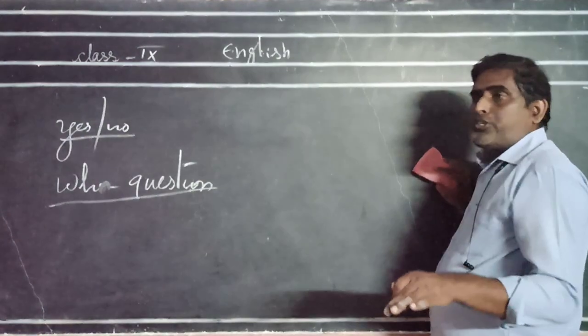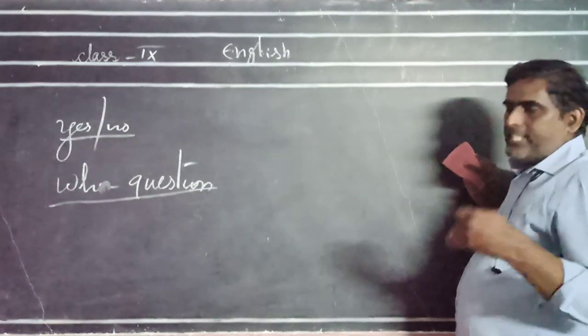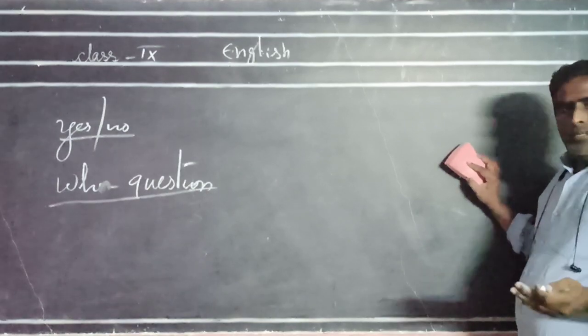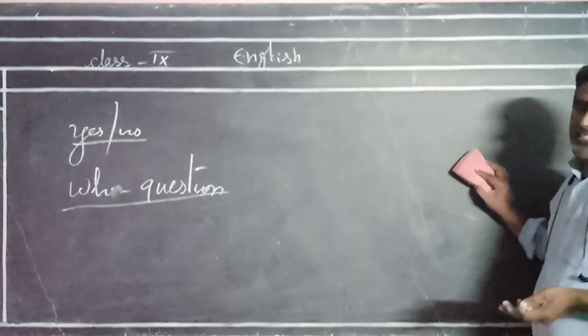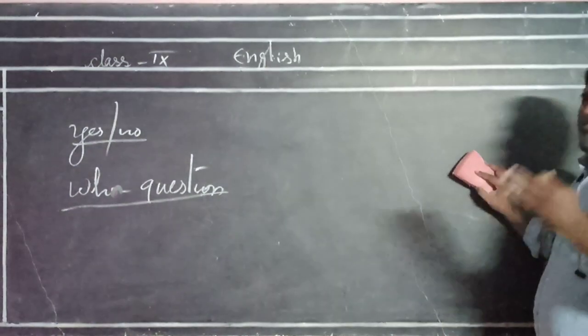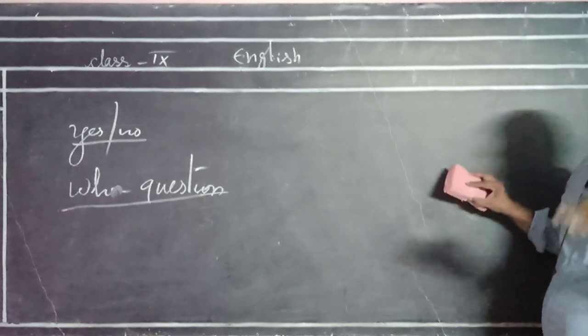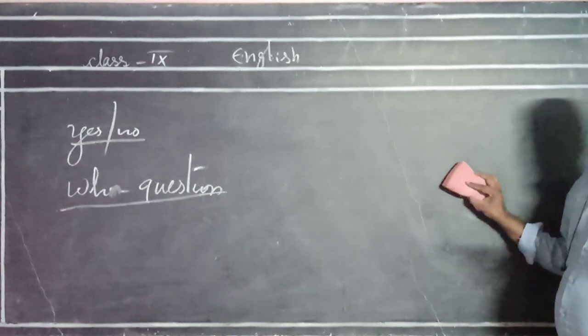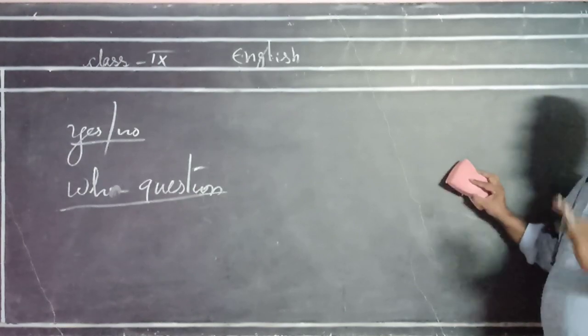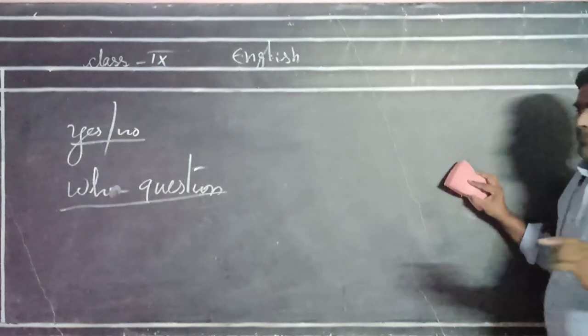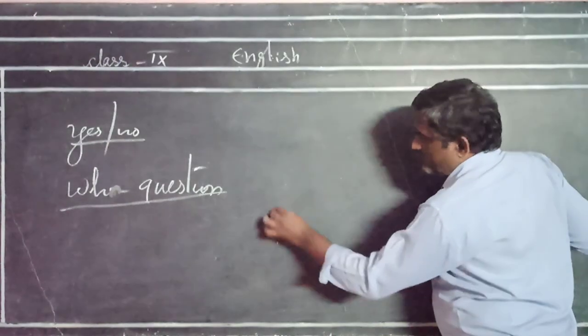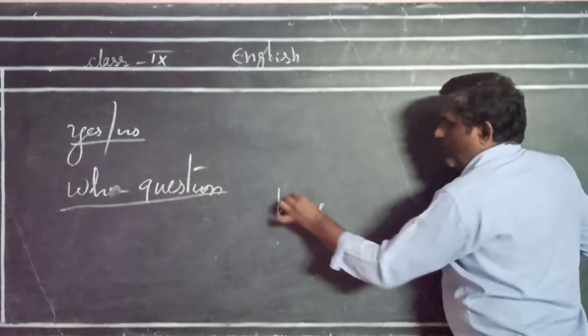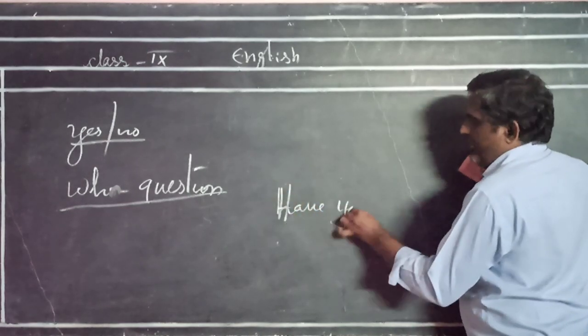Yes/no type questions, in the sense that if you ask a question to someone, the other person can answer yes or no. All the helping verb questions come under yes or no type questions. For example, if I ask, have you had your dinner?